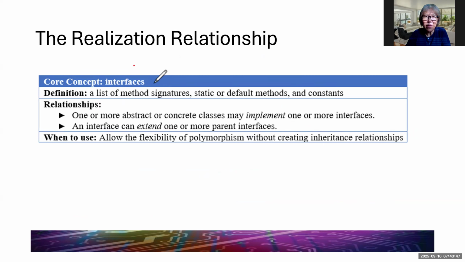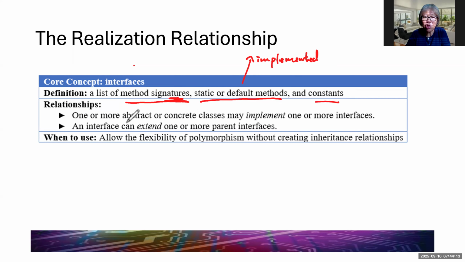Okay, for interface, let's do a quick summarization. Its definition is that it contains a list of, be careful, method signatures. It also contains static and default methods, which are implemented, and it can also allow constants.